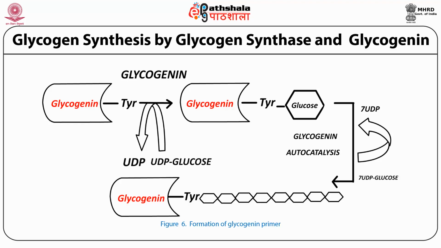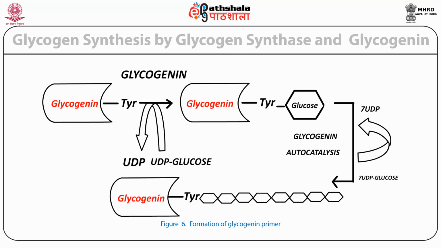Now this undergoes autocatalysis, and hence the addition of UDP glucose molecules results in the growing chain of glycogen.